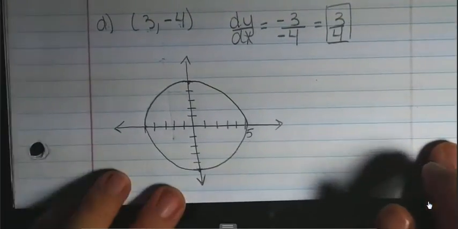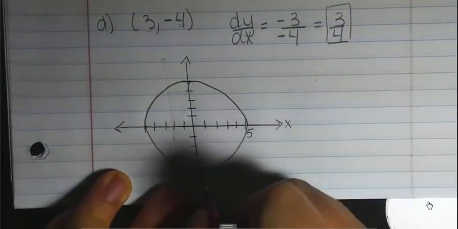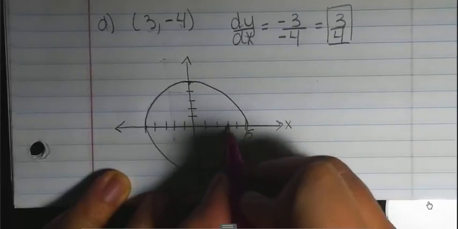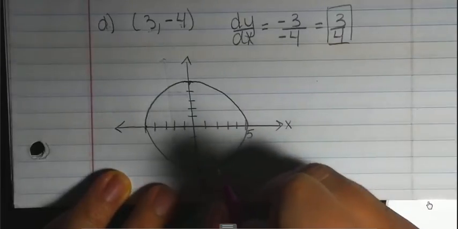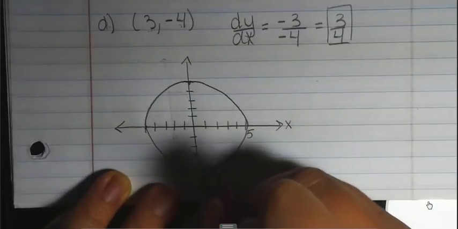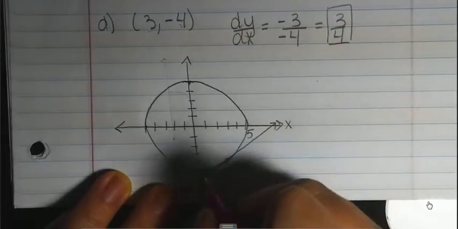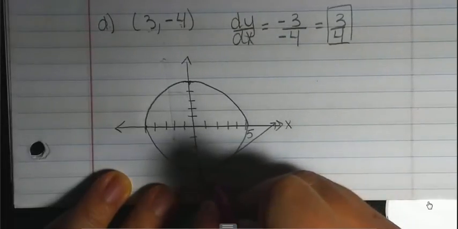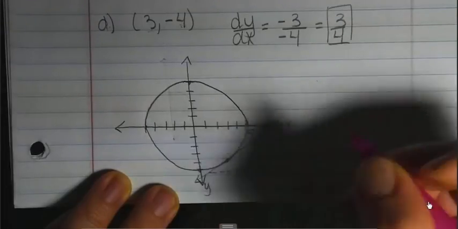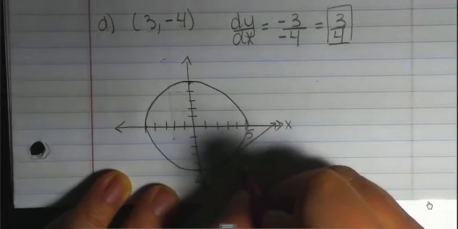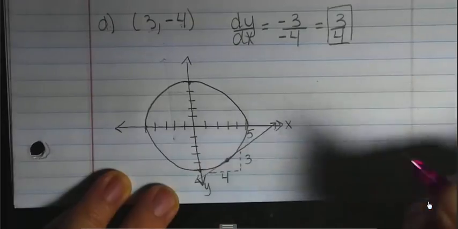So there's my rough circle. I'm just going to go to the point (3, -4), and I'm going to draw myself a tangent line. And that tangent line, I'm going to show it as having the slope that I want, which is a rise of 3 and a run of 4.